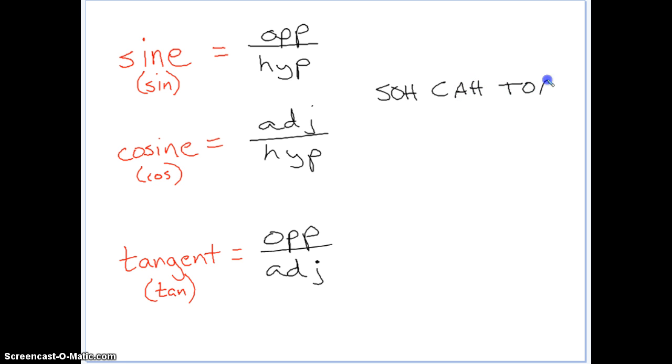Sine is opposite over hypotenuse. Cosine is adjacent over hypotenuse. And tangent is opposite over adjacent. SOHCAHTOA.